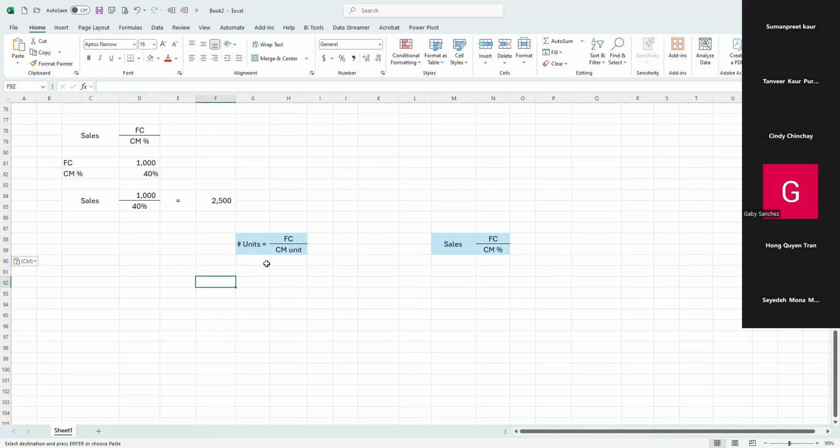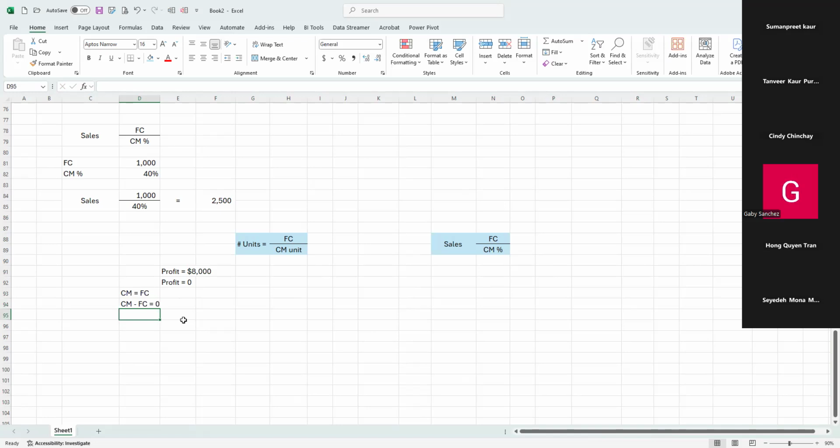8,000. So if I want 8,000, I want my profit to be equal to $8,000. That's how much we want. Let's use this formula. Now, we know this formula is at the point where the profit is equal to 0, correct? That means my contribution margin is equal to my fixed cost, so contribution margin minus the fixed cost is equal to 0.